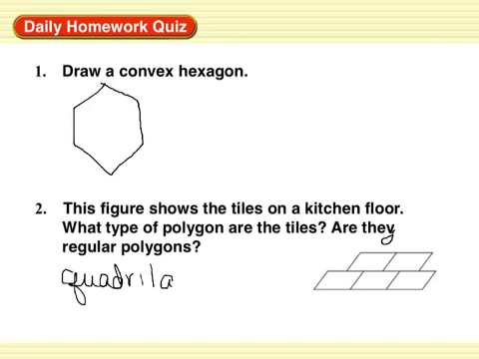Quadrilaterals. And I don't think it's regular because these appear to be the same, but these appear to be different. And the angles are most definitely different. Maybe these angles are the same, and these angles are the same. So no, it's not regular.